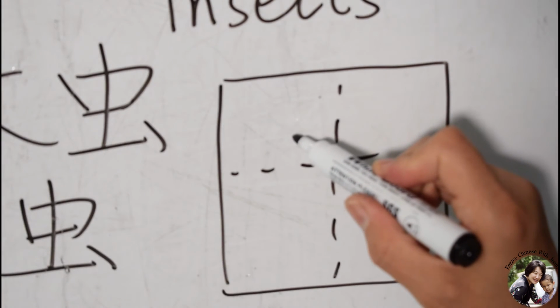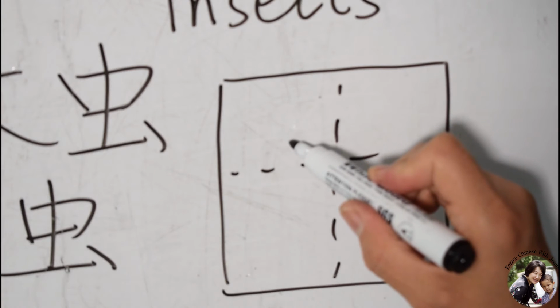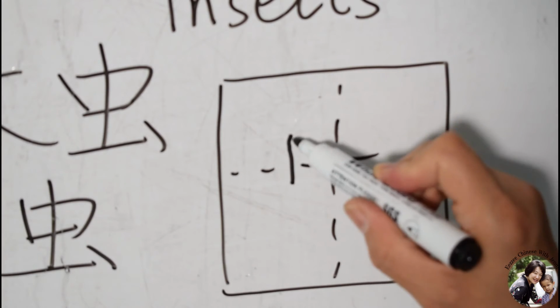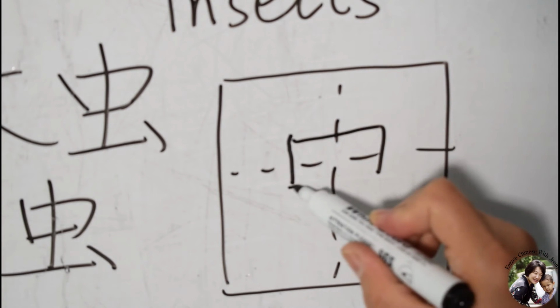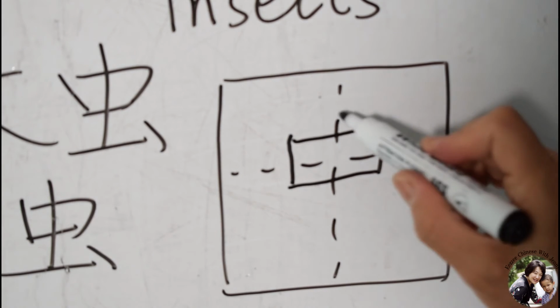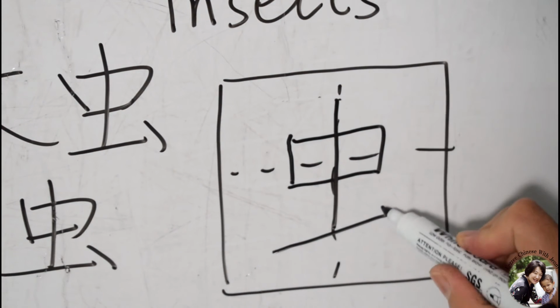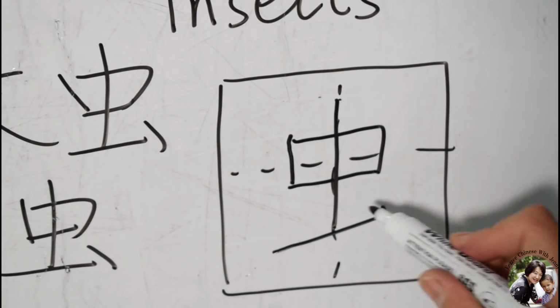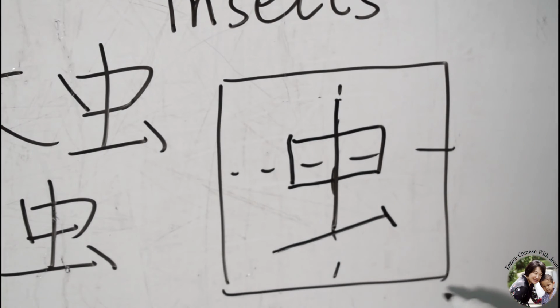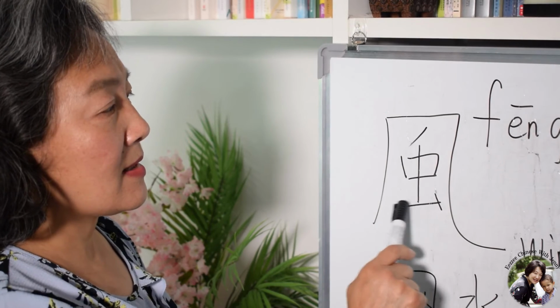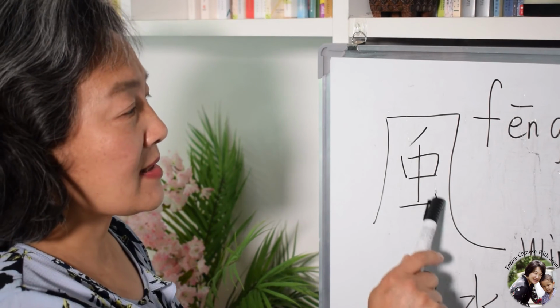You write this mouth first, a bit squashed. 口 first, right? And then 一竖一横一点儿, 虫, insects. So inside is the insects we just learned, right?